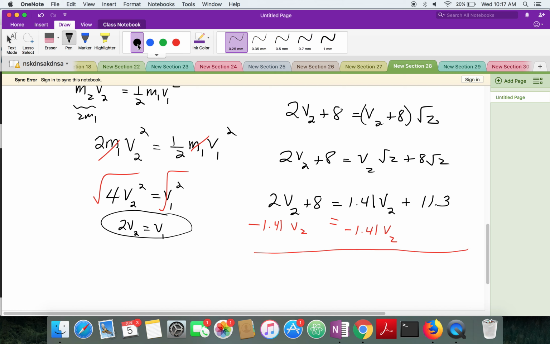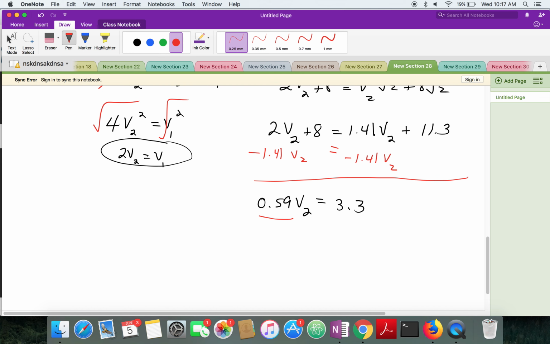Let's see what we got here. So it's going to be 2 minus 1.41, right, which is 0.59. So we'll have 0.59 v2. And then I'll subtract 8 from both sides, right? So I get 3.3, and then I'll divide both sides by 0.59.